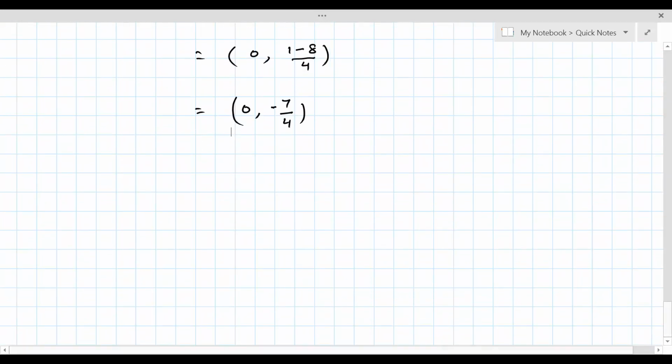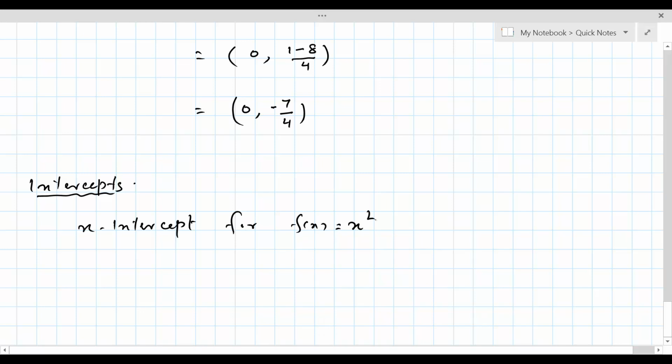And for intercepts, x-intercept for f of x equal to x square. For x-intercept we put f of x equal to 0. This means 0 is equal to x square.